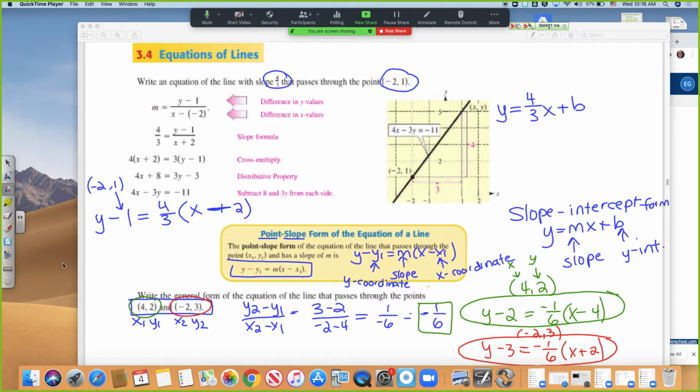If I ask you for slope-intercept form, though, there's only one answer to that because it will have the same slope as all of the other answers, and then there's only one number that it will cross the y-axis at. Only one ordered pair would represent that number, so you would only have one answer. Point-slope form does differ depending on what point you use.